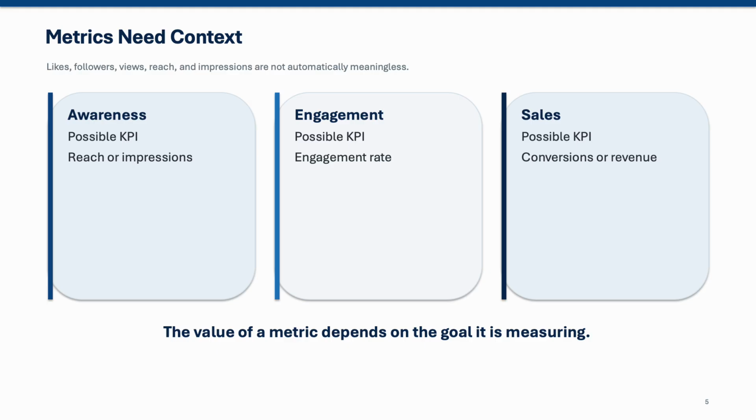If your goal is awareness, reach may be a very useful KPI. If your goal is engagement, engagement rate may matter more. And if your goal is sales, then conversions or revenue would be much more important. So when you think about metrics, remember that metrics need context.